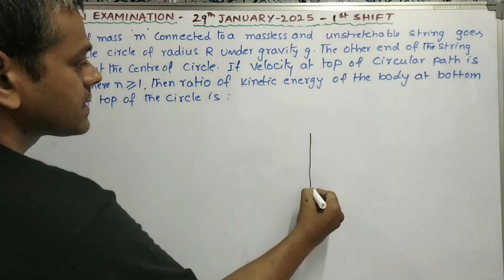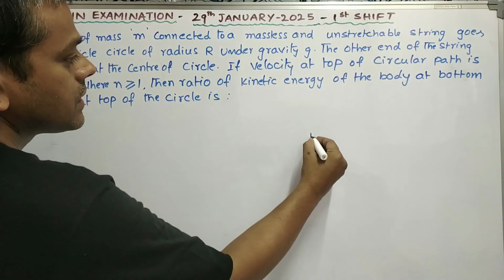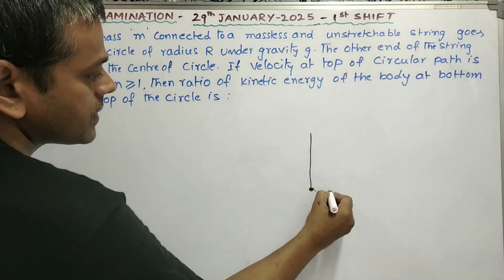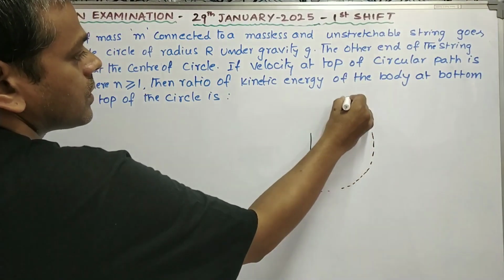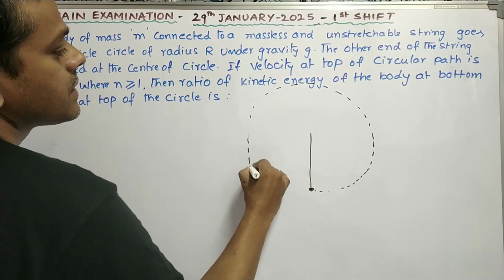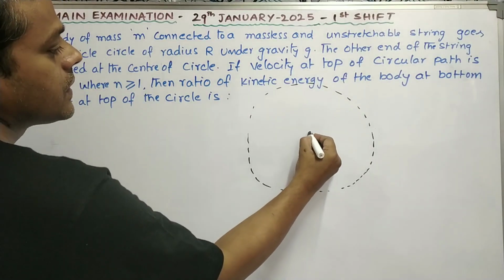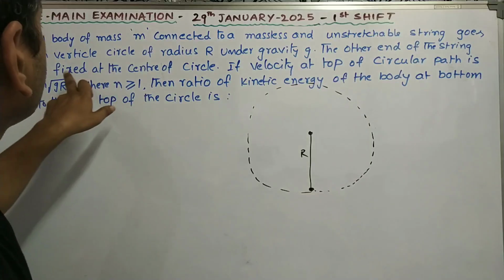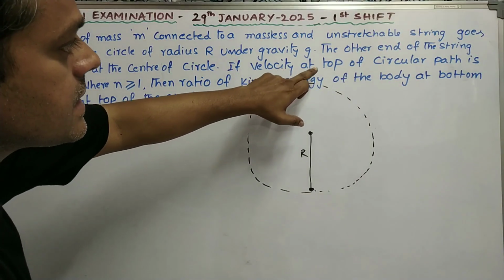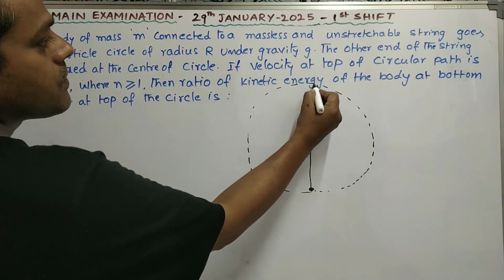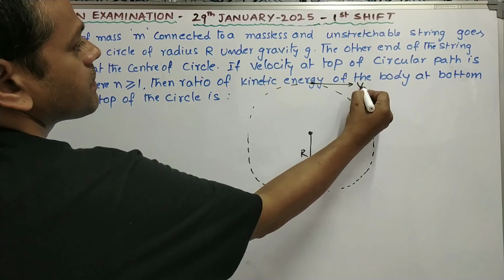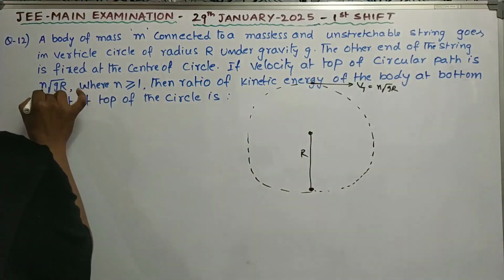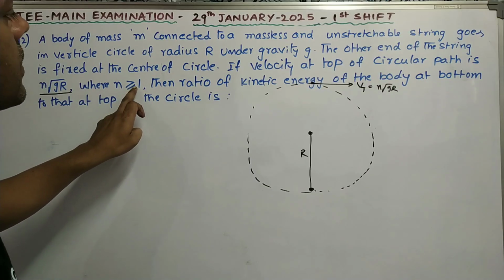Let us take a mass connected to one end of an unstretchable massless string, and it is allowed to move in a vertical circular path. r is the radius of the circular path, and the string is fixed at the center. Suppose the velocity at the top of the circular path is n into root gr, where n is greater than or equal to 1.